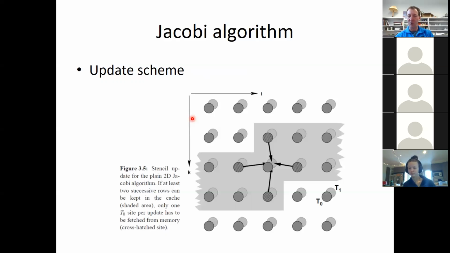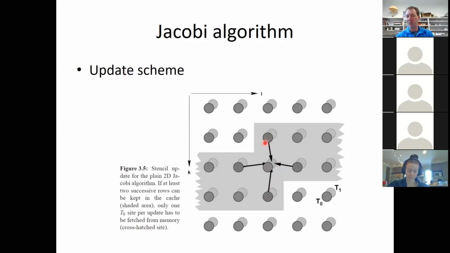So how does this look computationally? This is the stencil update. If you have a point here in the middle, and you want to update this point by this numerical scheme, you have to consider all the neighboring points in x minus 1, x plus 1, y minus 1, and y plus 1 dimension to calculate the second derivative.